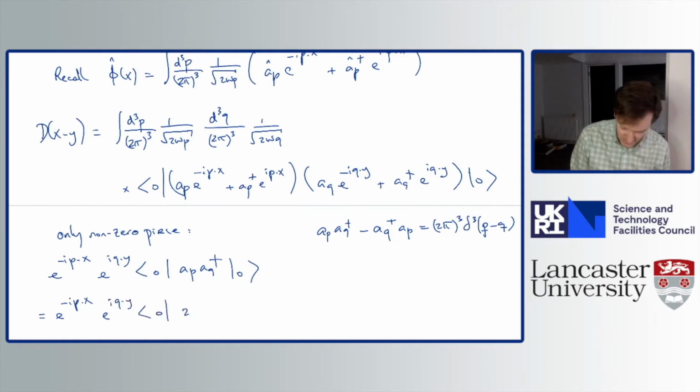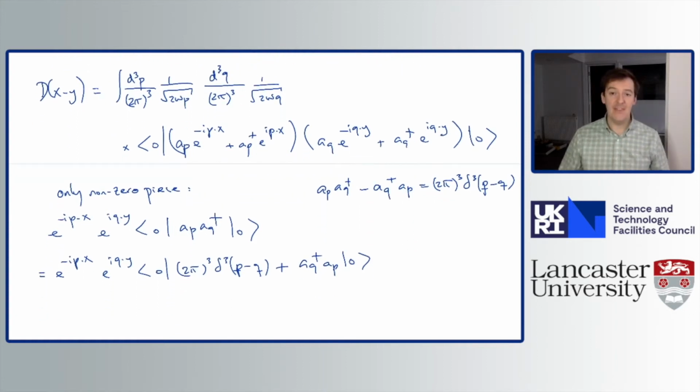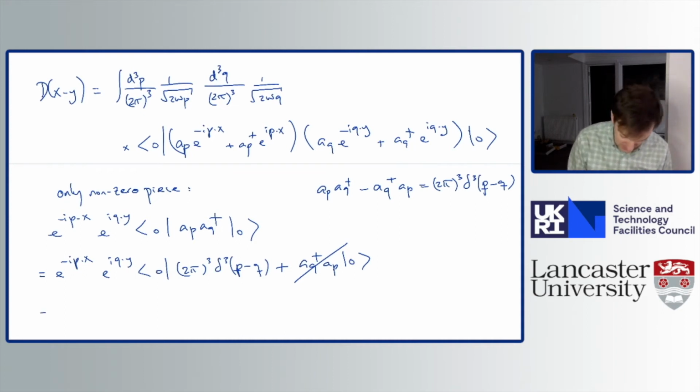So I'll get a (2π)³ δ³(p − q) factor plus a_q† a_p. Just bringing this term across to the other side. And then we argue, as we've done before, that a_p on the vacuum returns 0, so this term vanishes, and we're left with simply the delta function sandwiched between ⟨0| and |0⟩, and ⟨0|0⟩ is simply going to give us a factor of 1.